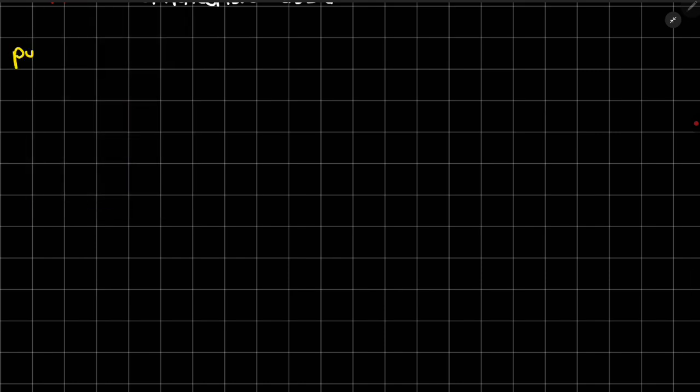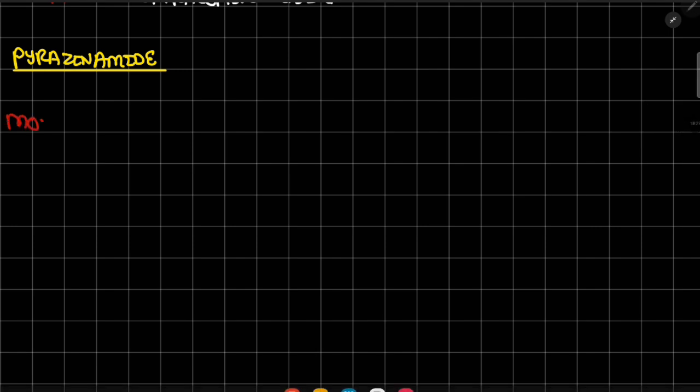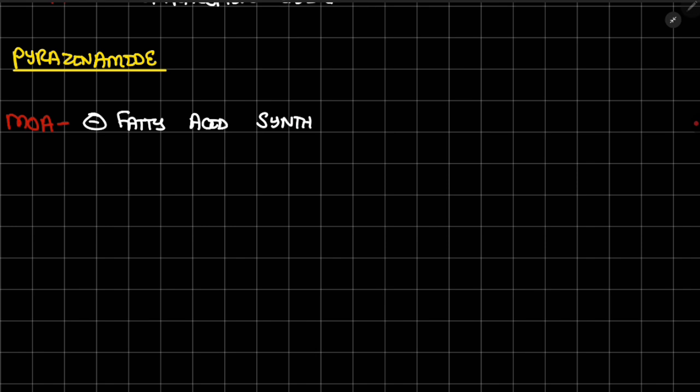pyrazinamide. Okay, so the mechanism of action of pyrazinamide. Okay, what is the mechanism of action? So it inhibits the fatty acid synthesis, the fatty acid synthase complex.